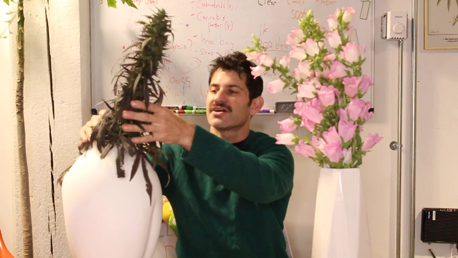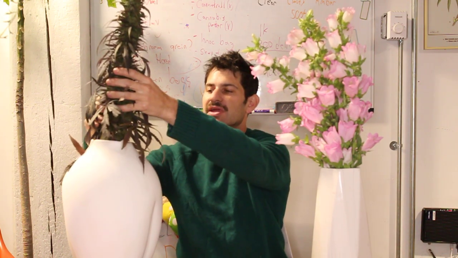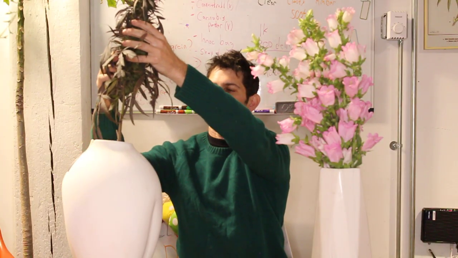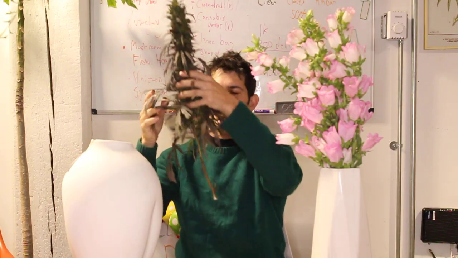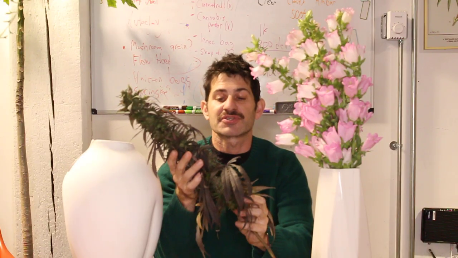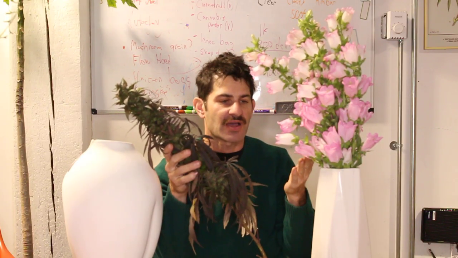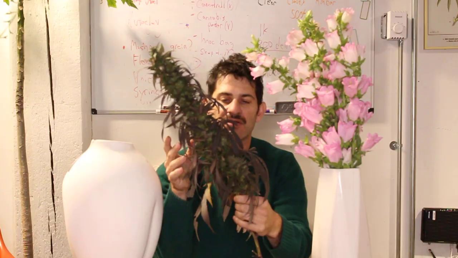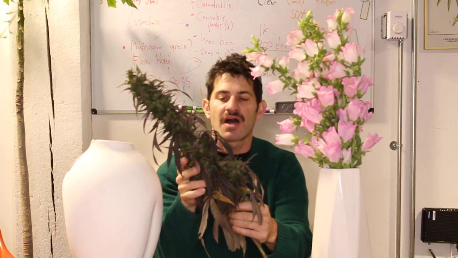Now this, on the other hand, this beauty right here, is a cola from a Humboldt County seed called Chicken and Waffles. And unfortunately you can't smell it. It smells very much like maple syrup. It smells amazing. And the differences between this flower and this flower are manifold.